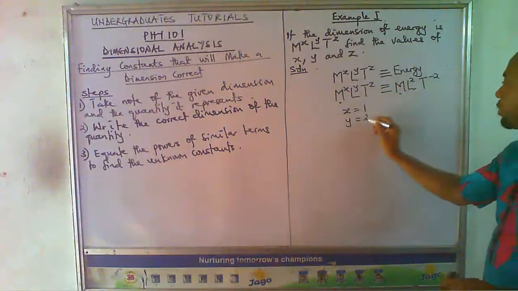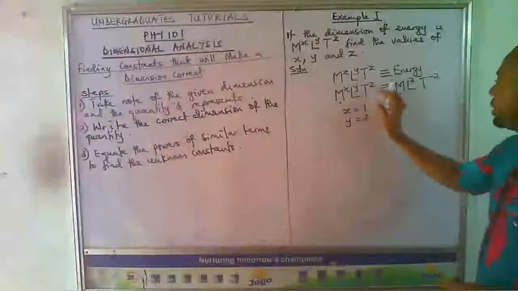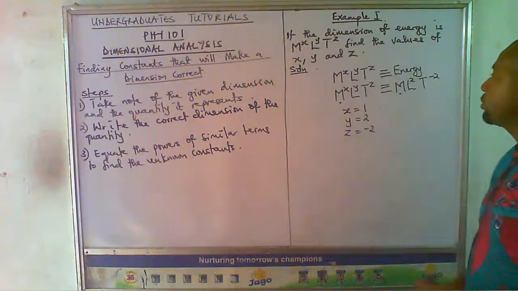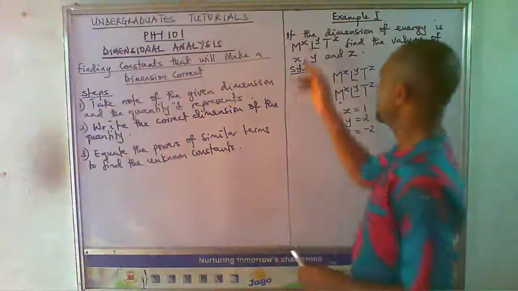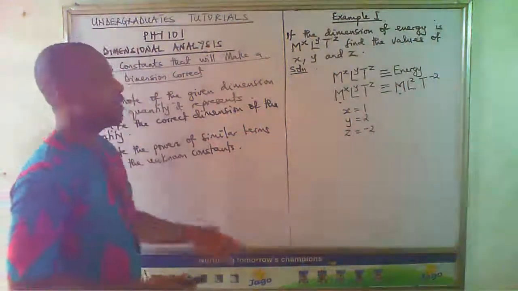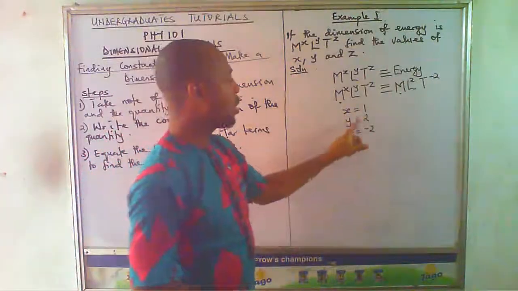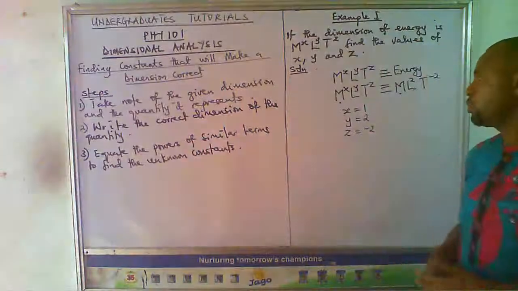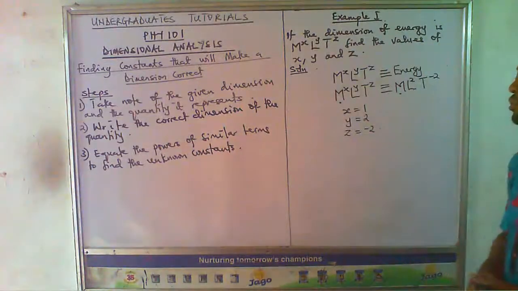What's the power here? 2. Then for T, the power here is z and the power here is minus 2. So if this dimension is going to be the dimension of energy, definitely x will be 1, y will be 2, and z will be what? Minus 2. z will be minus 2.